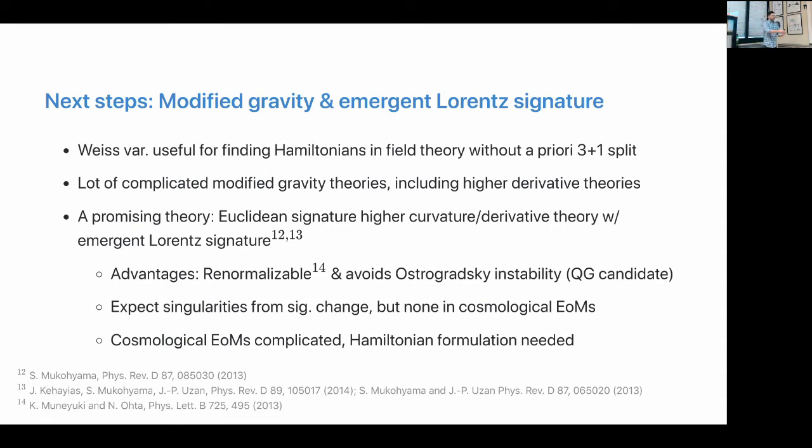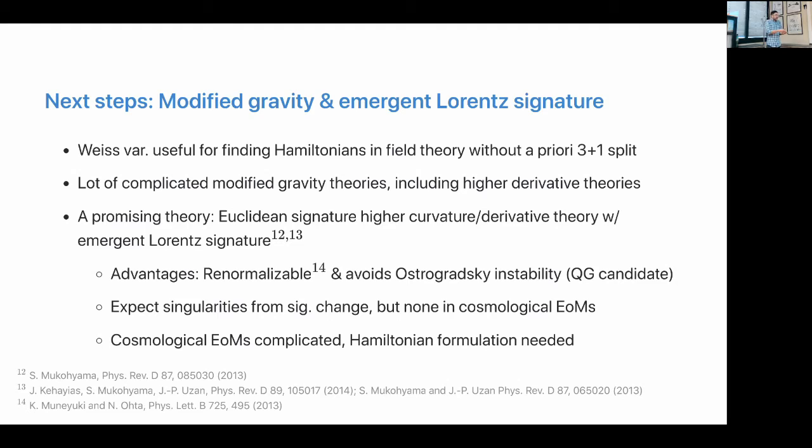So at high energies, your geometry is described by a Riemannian metric, but then at low energies you get this effective Lorentzian metric. It's a really neat idea, and what makes it really interesting is that it's renormalizable, and it can avoid the Ostrogradsky instability, which is the issue that plagues higher derivative theories. It does that by demanding that the action be positive definite or bounded below. So this is a potential quantum gravity candidate.